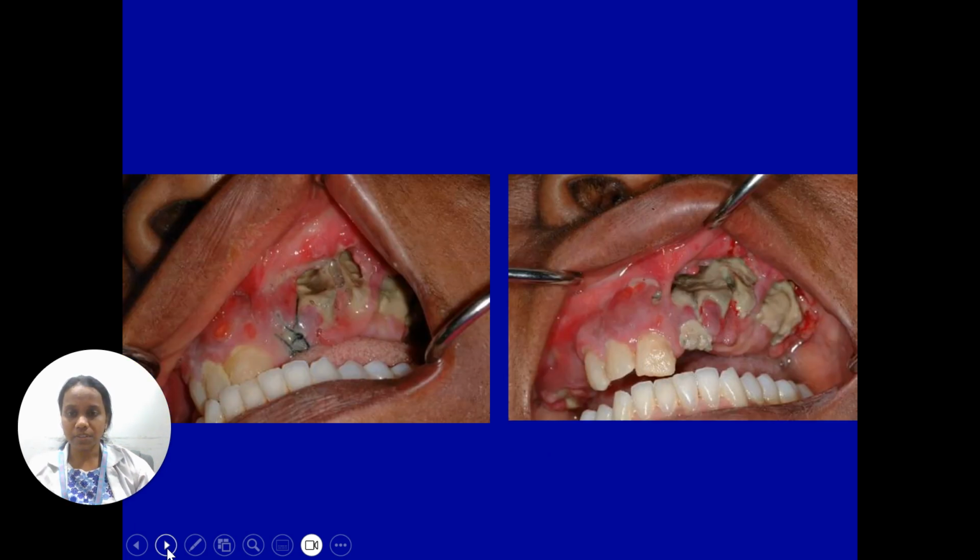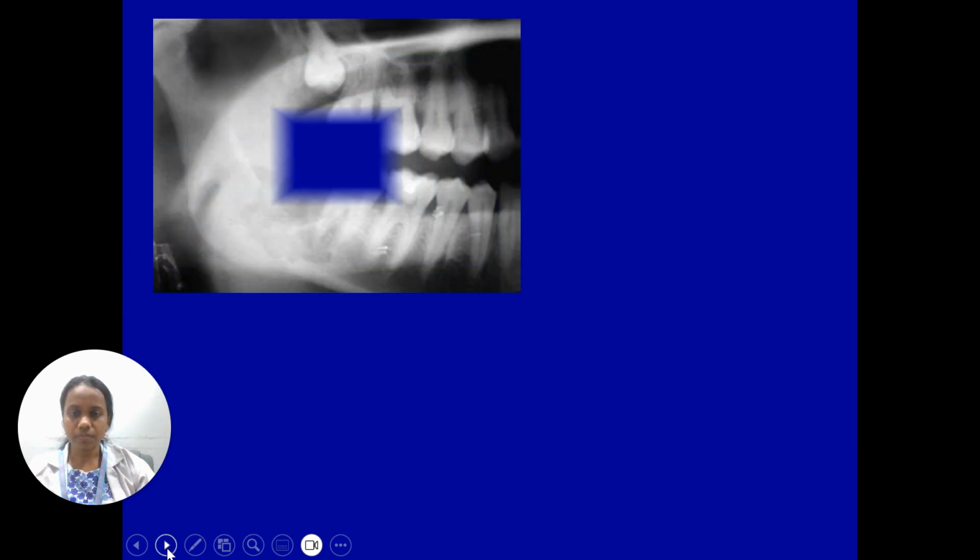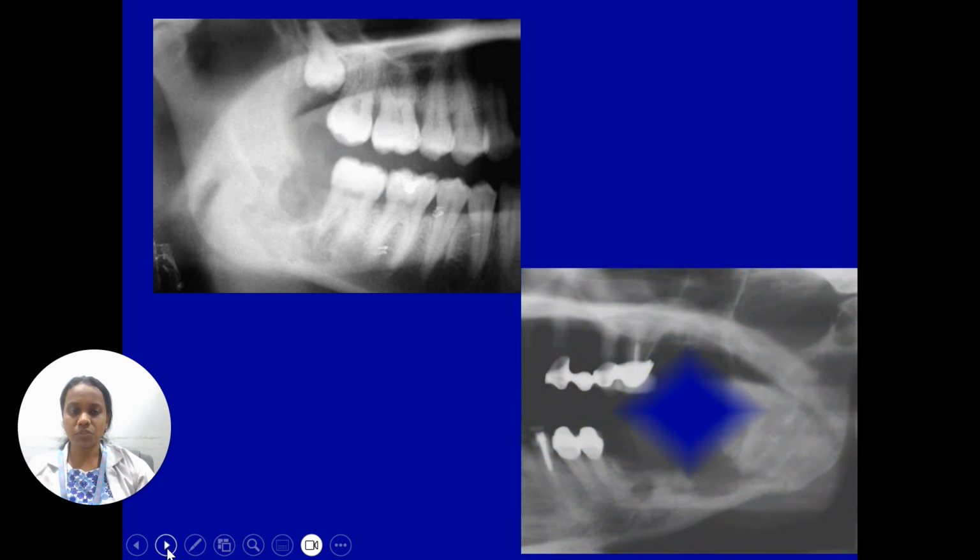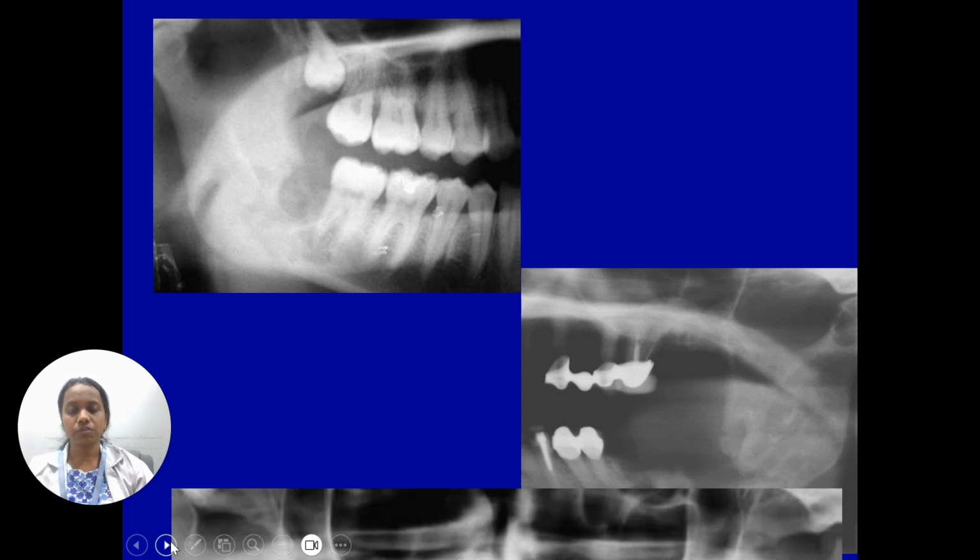Formation of sequestra is seen, which is very evident intraorally. When we further investigate through radiographs, we see a moth-eaten appearance of the region, along with loss of trabecular pattern, and sometimes we can even see a pathological fracture.